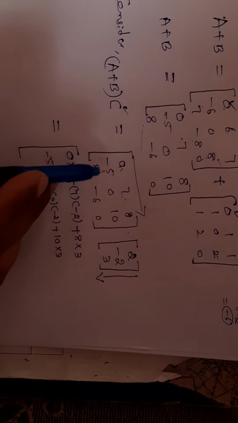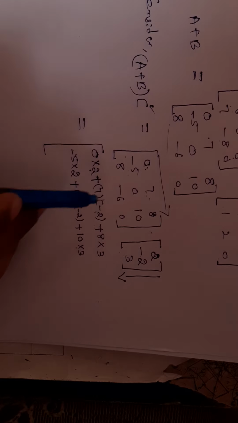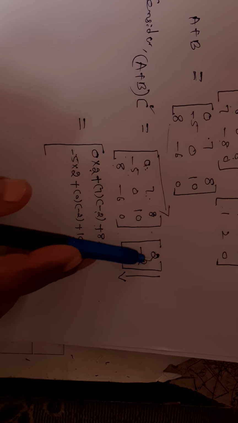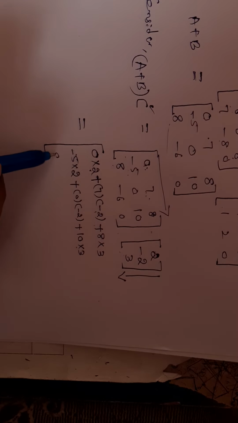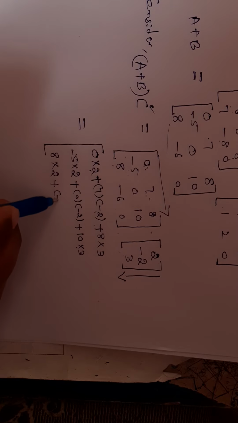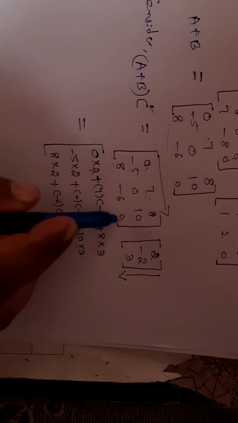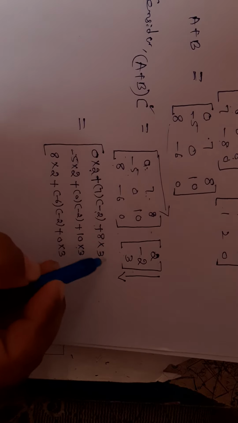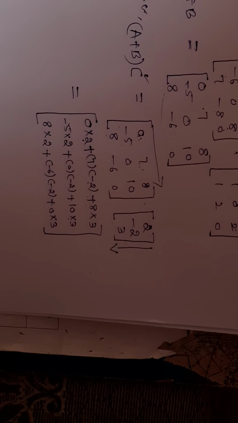Second row, first column is over. Next, the third row and first column: 8 into 2 plus, with the bracket, minus 6 into minus 2, then plus 0 into 3.